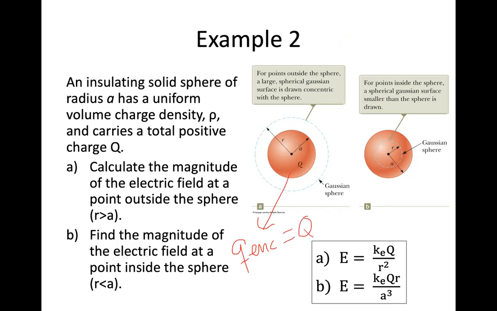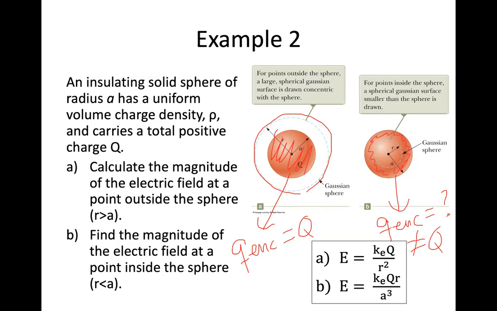Here, Q enclosed, we have to really think about, and it is not going to be the total, because there's some stuff out here that I'm not going to consider. I only want to know whatever is actually inside. What is inside? The green part. What is that? It's not the total.